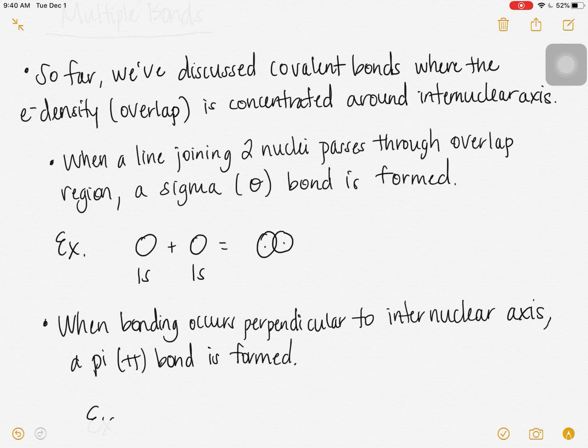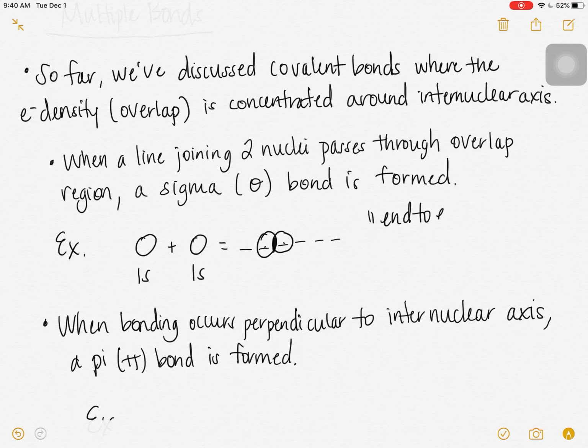So if I have my first nucleus here and my second nucleus here, then the internuclear axis goes like this. My picture's kind of funky here. And when you have overlap that occurs on the internuclear axis, that's called a sigma bond. This overlap right here is occurring along the internuclear axis.